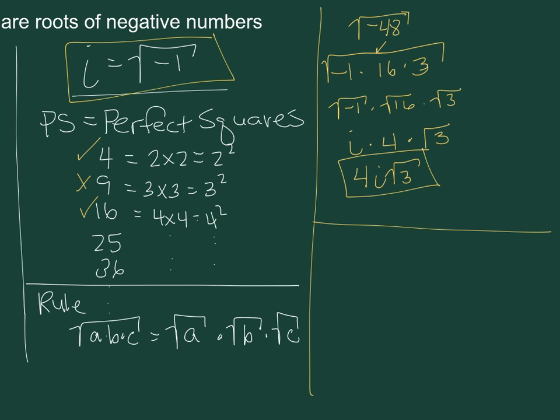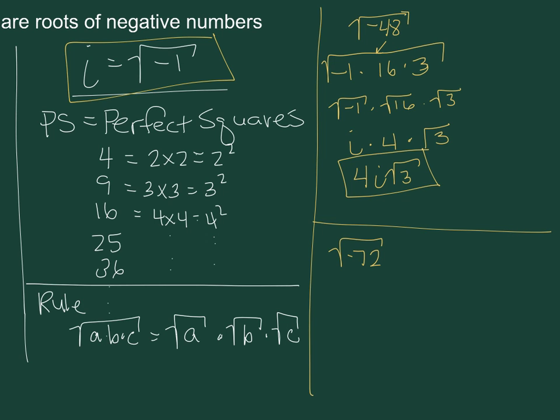Let's do one more. Let's call it the square root of negative 72. Let me just erase these. What we're going to do is test each term over here, 4, 9, 16, 25, 36, and see which one is the largest that will divide out 72.